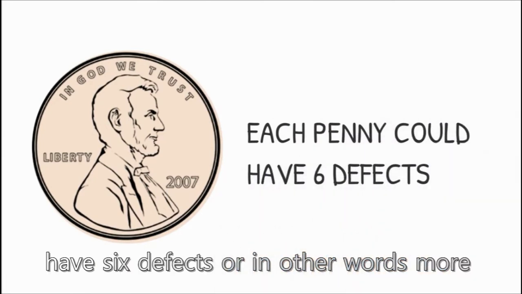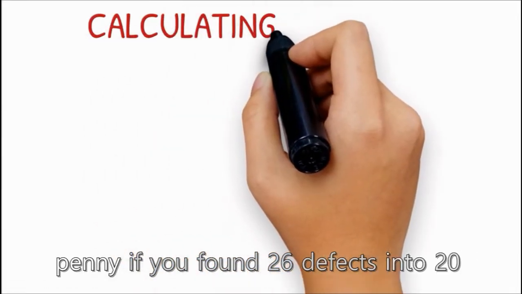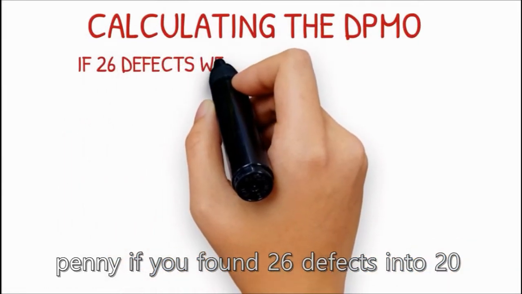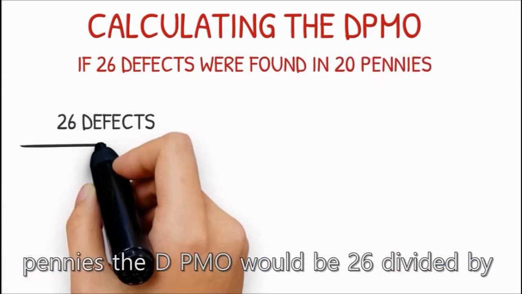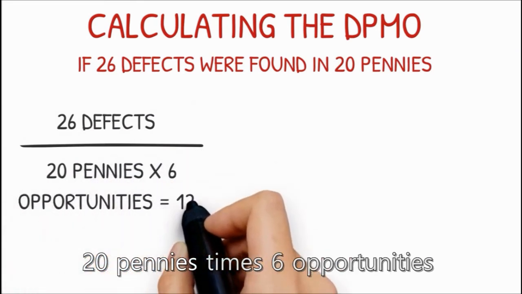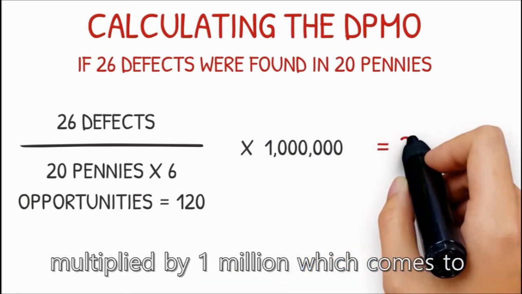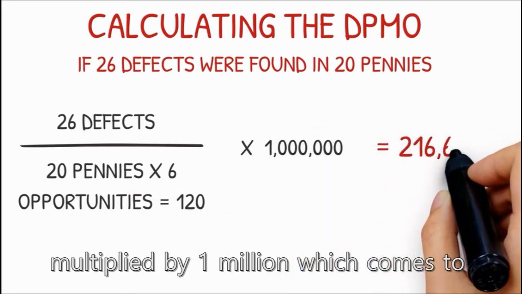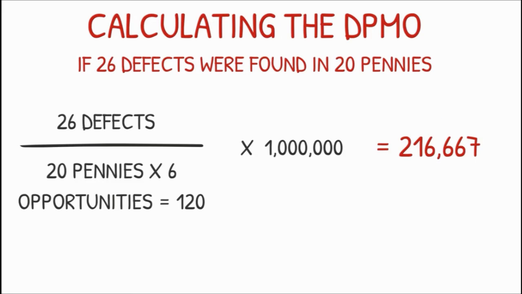Or, in other words, more than one defect can be found for each penny. If you found 26 defects in the 20 pennies, the DPMO would be 26 divided by 20 pennies times 6 opportunities, multiplied by 1 million, which comes to 216,667 defects per million opportunities.